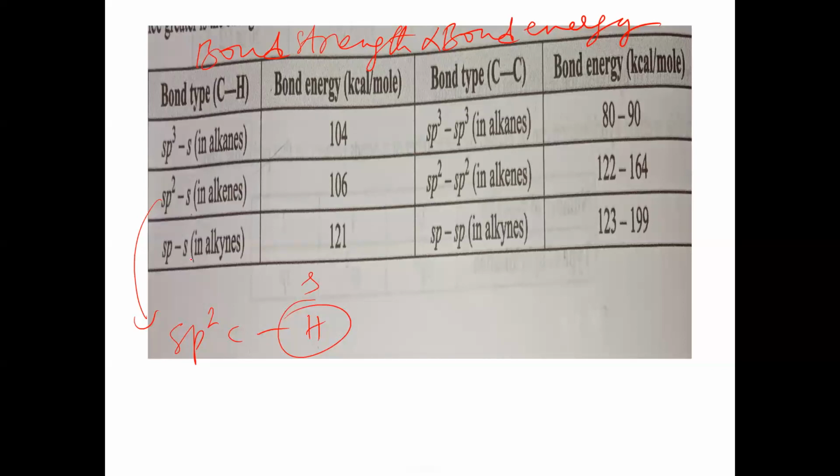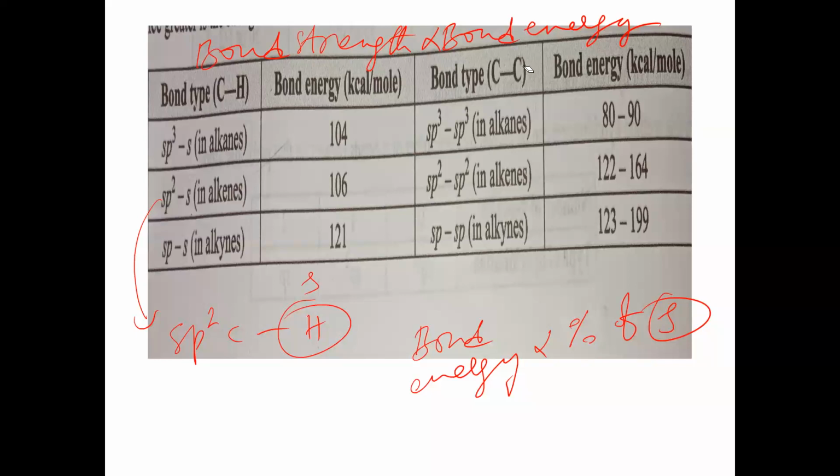So here, in sp there is more percentage of S character. If S character is more, bond energy will be more. So bond energy is directly proportional to percentage of S character. If more S character is there, more bond energy will be there. More S character in sp, more bond energy for sp carbons.